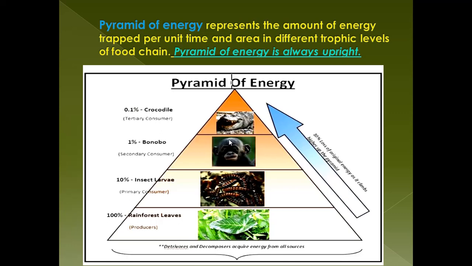And likewise, if you take the top carnivore, where you see a crocodile shown, the amount of energy available at this trophic level is just 0.1% in the crocodile. So that's how the energy from 100% in the producers has decreased to just 0.1% in the crocodile. That is how we see that the pyramid of energy is always upright.